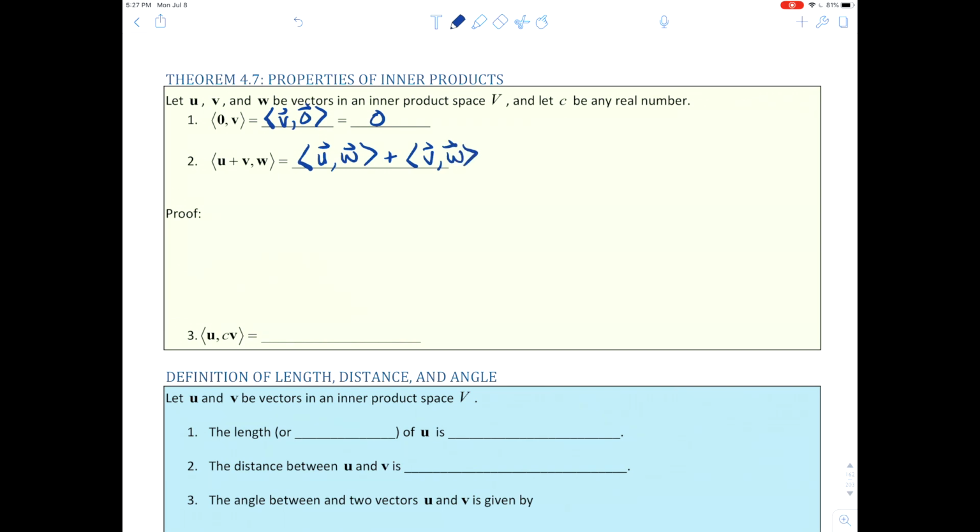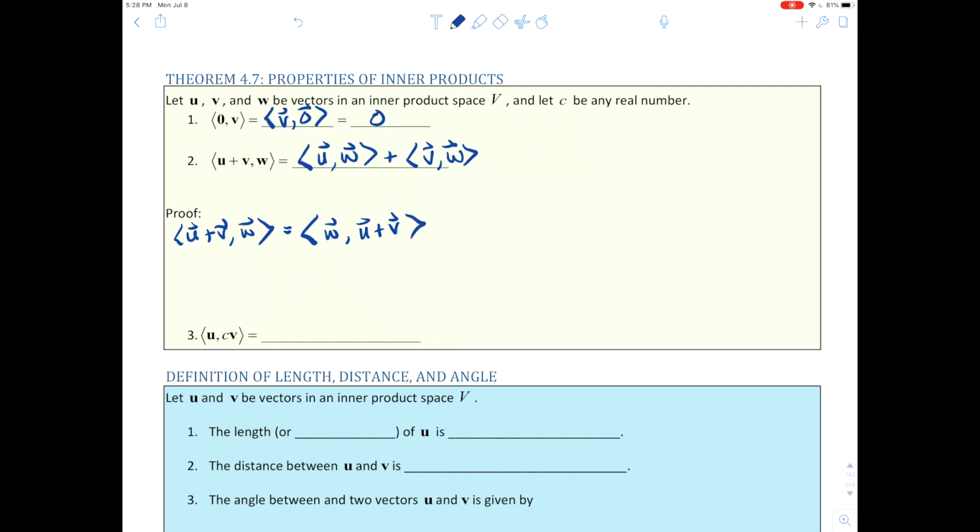To do the proof for this, let's take it from the left side: the inner product of u plus v and w. I know that we can commute them, right? So we'd have this equivalent statement.